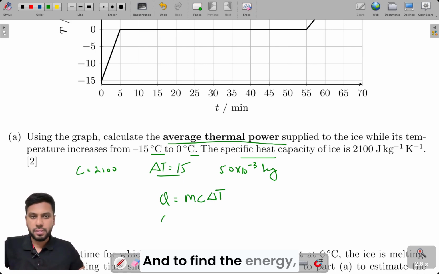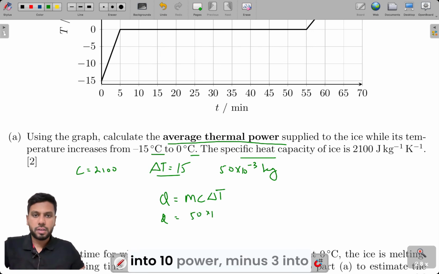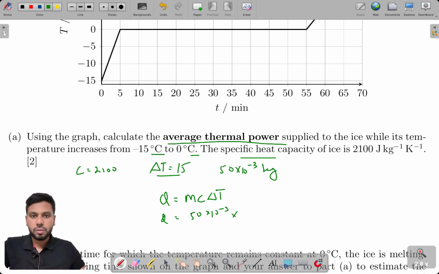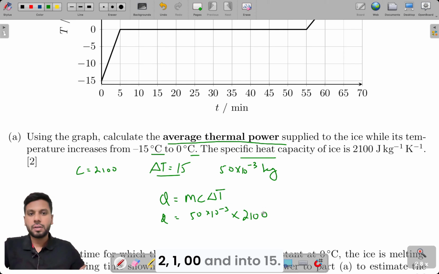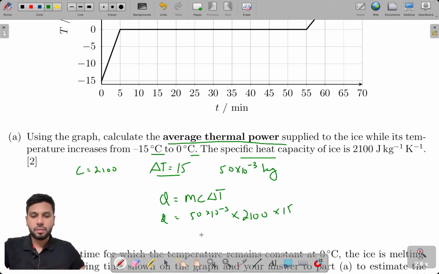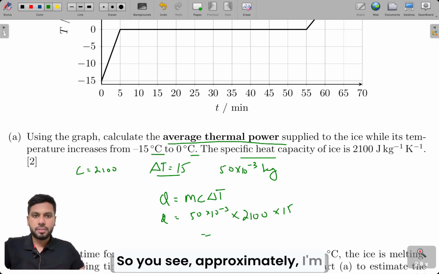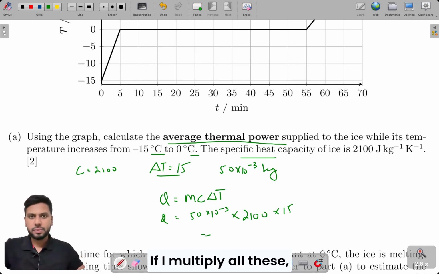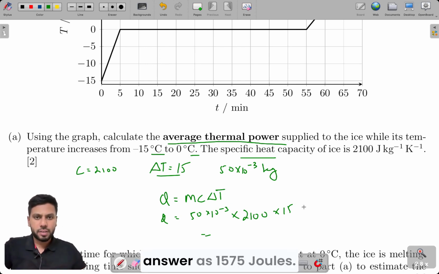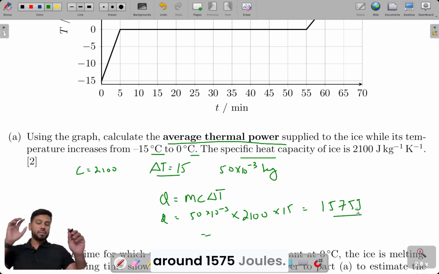I'm just going to do 50 times 10 to the power minus 3, times 2100, times 15. If I multiply all these, I'm going to get my answer as 1575 joules. So the Q value comes around 1575 joules.